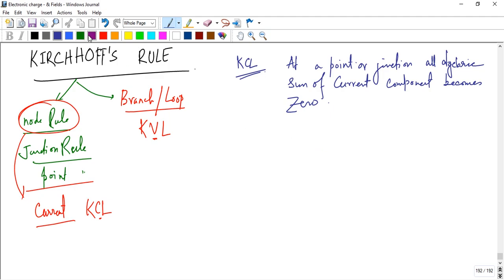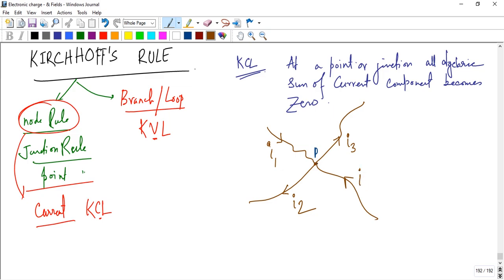Say that's a node, a point or a junction, and there are several currents. Current I1 enters that node. Suppose the node is point P, and I2 leaves from point P, I3 leaves and I4 enters. The algebraic sum means a current is either towards the point or leaving the point.